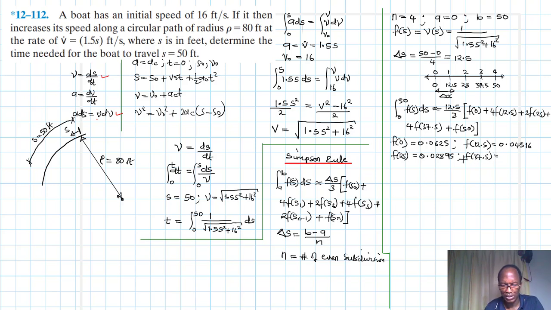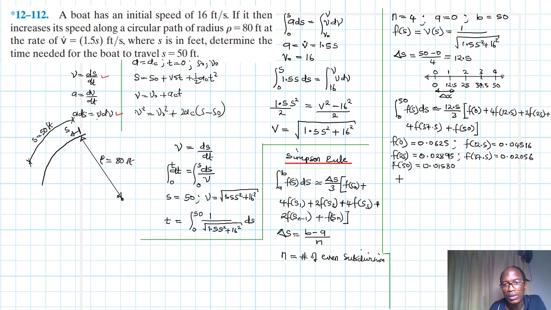What do we have? So we have 0.02056, and finally f of 50. This gives us 0.01580.